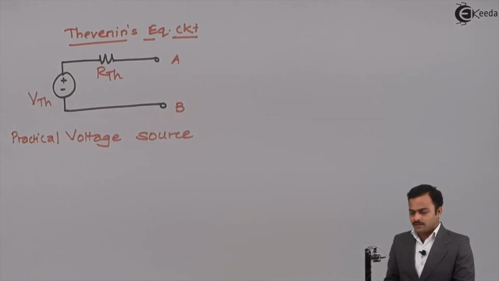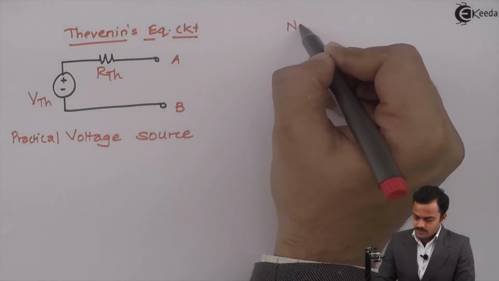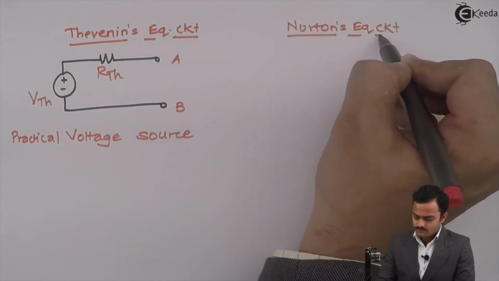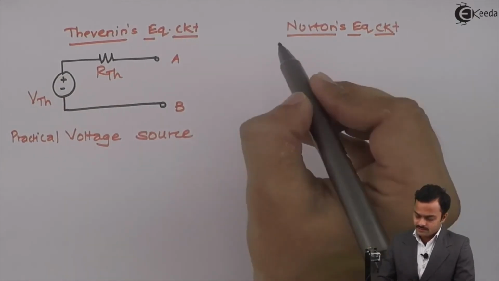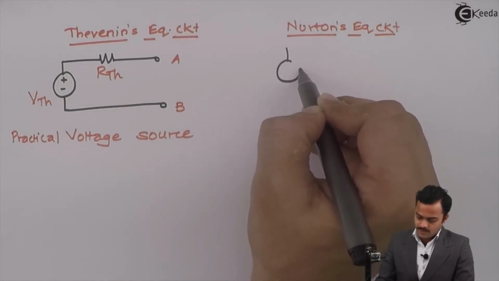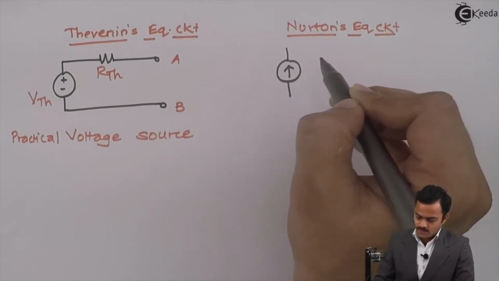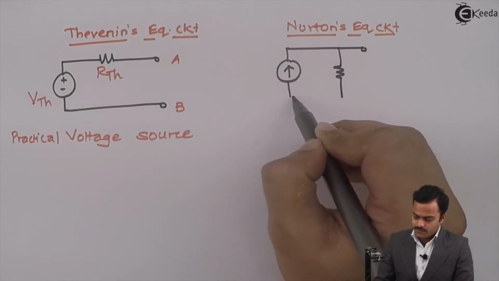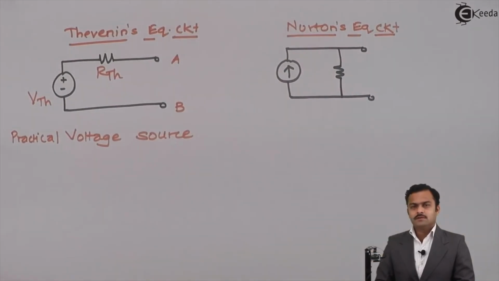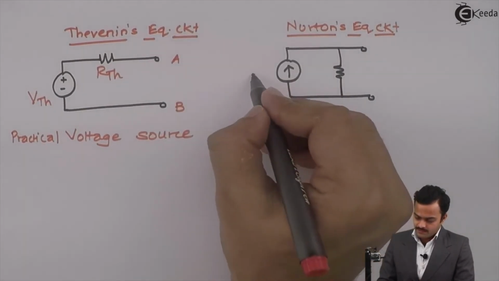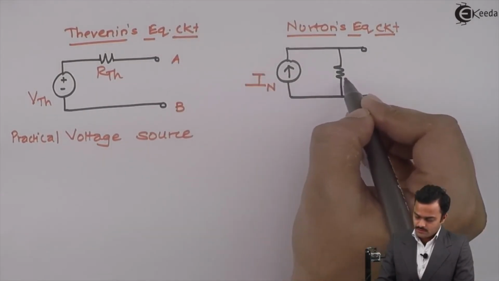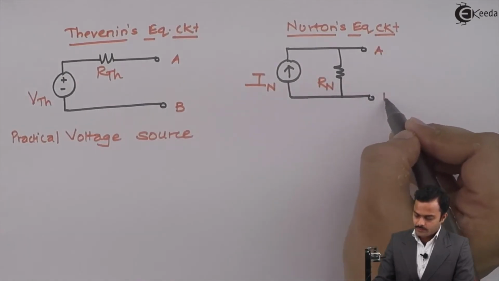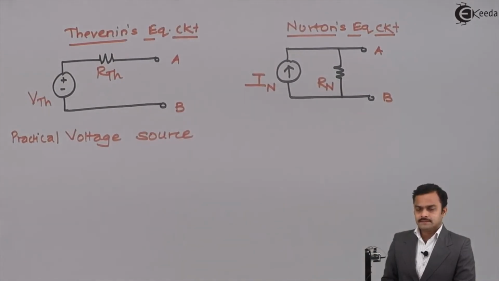Let's see its counterpart, which is Norton's equivalent circuit. Norton's equivalent circuit will have a current source and parallel to it we will have a resistance. So the current value is IN, which we call Norton's current, and this is Norton's resistance RN, A and B points as it is.